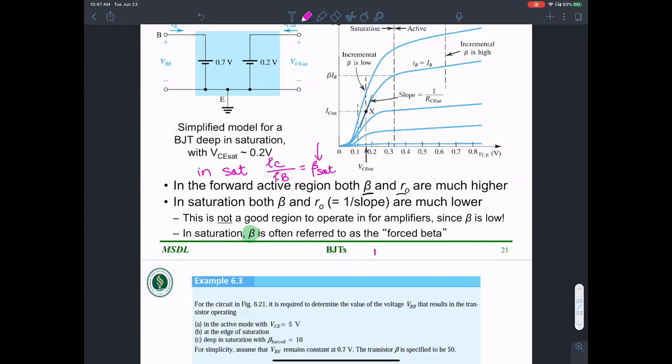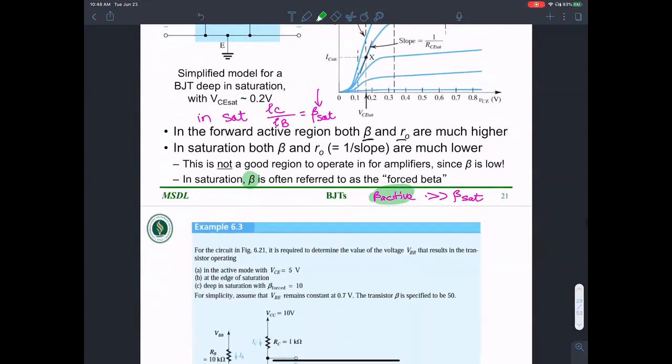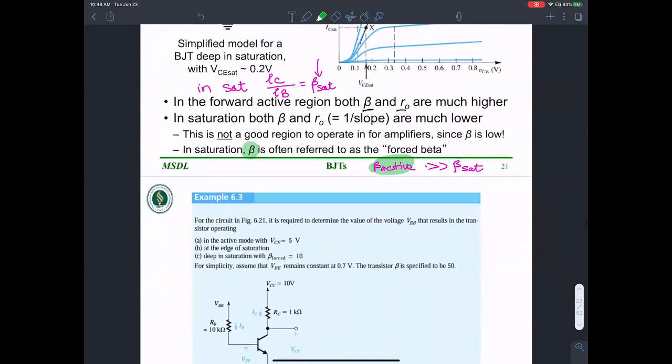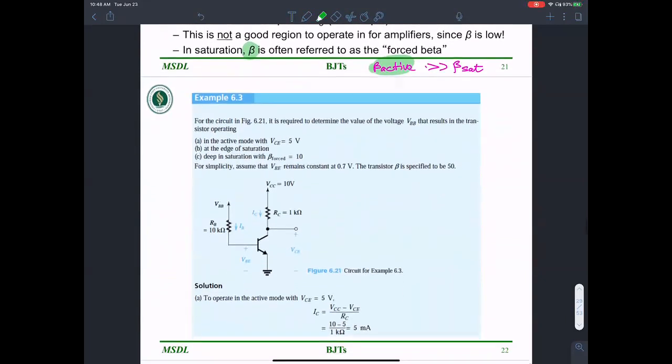So the current gain in the active region is much greater than in saturation. We typically like to operate in the active region. And beta in saturation is called the forced beta.